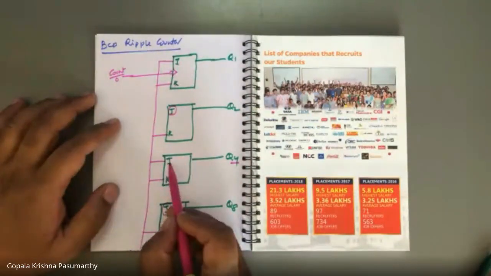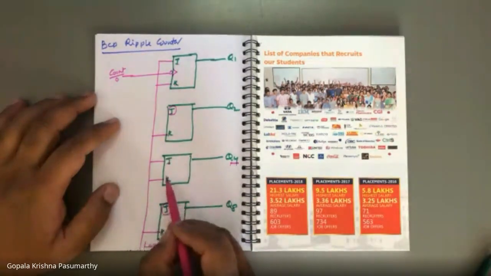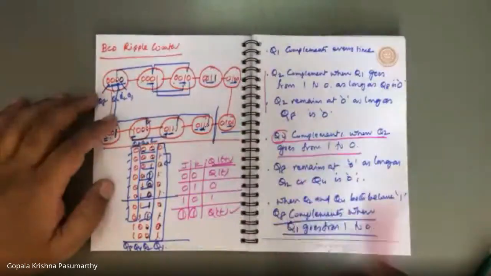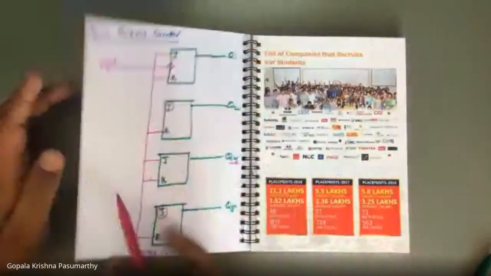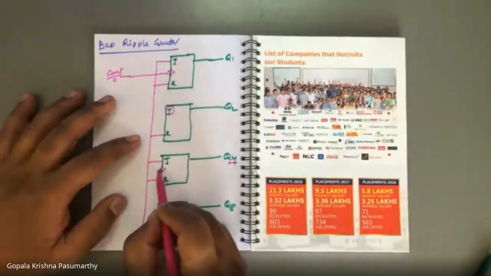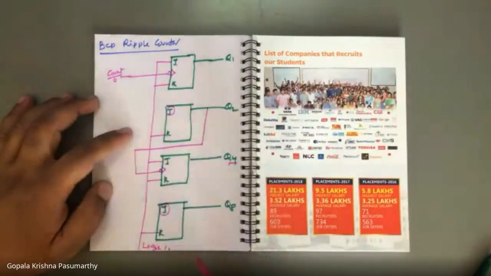See, the J and K inputs of the Q4 flip-flop are connected to logic 1, meaning this flip-flop is ready to complement. Waiting for what? Waiting for Q2 to be 0. So I will connect the clock of Q4 to Q2.